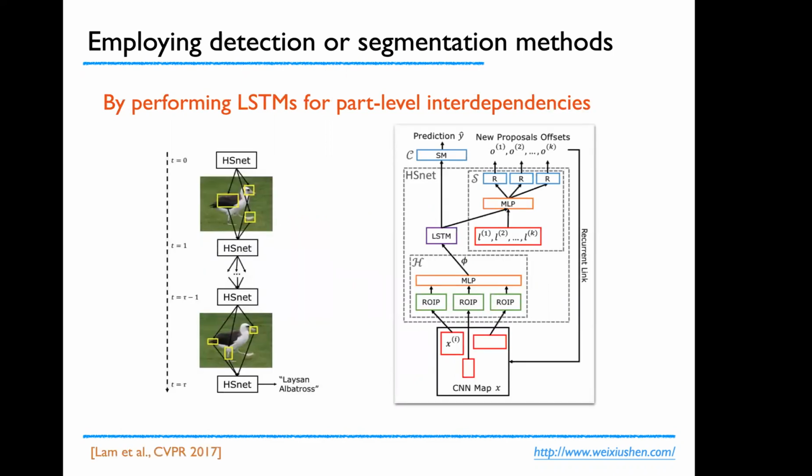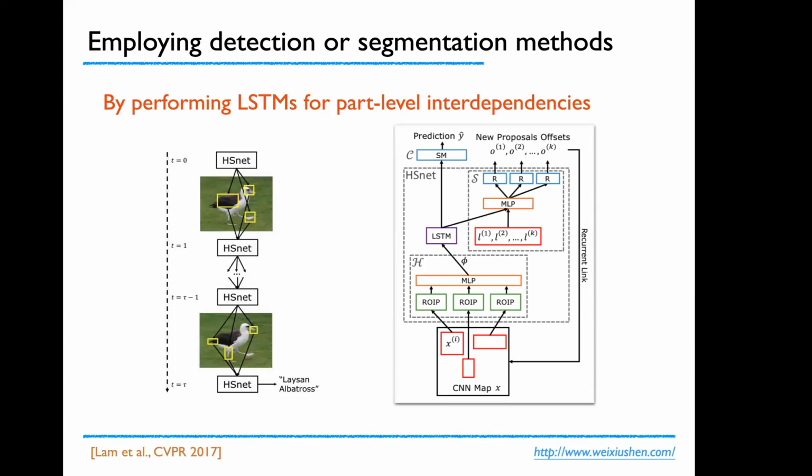Some methods use different feature fusion strategies, and these joint part feature learning methods show significantly higher recognition accuracy over the previous independent part feature learning methods.